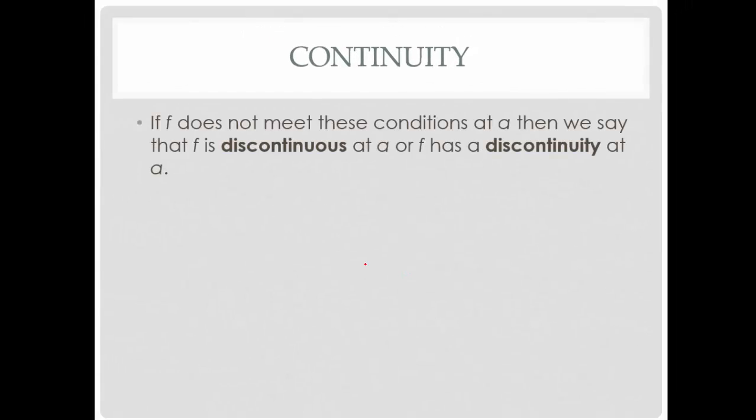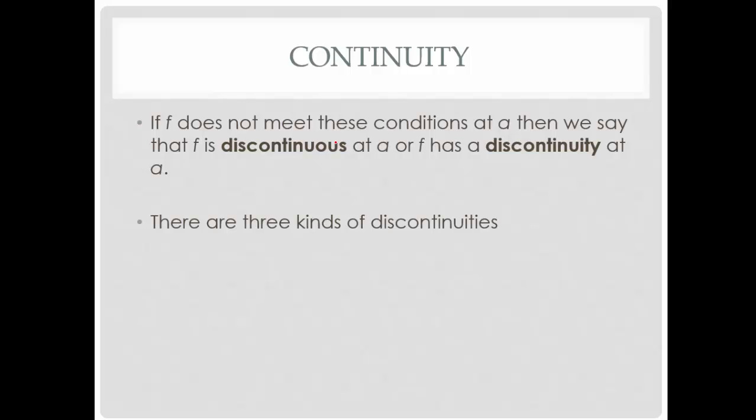So if any of those conditions are not met, what we say is that the function f is discontinuous at a, or it has a discontinuity at a. That's really just a difference between discontinuity is a noun and discontinuous is an adjective. So it's either discontinuous at a or it has a discontinuity at a.